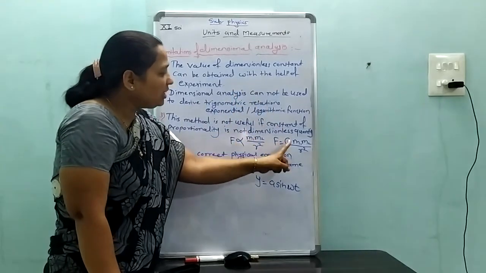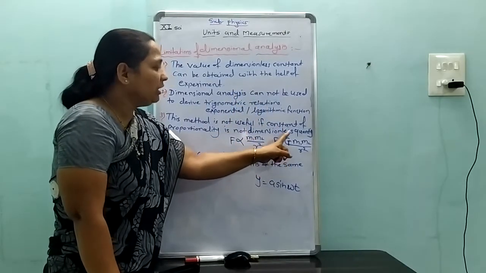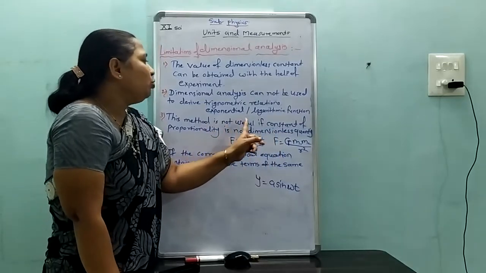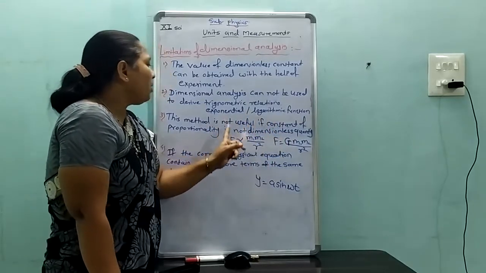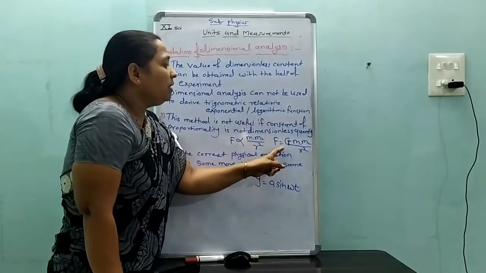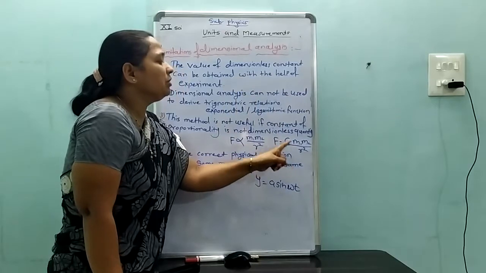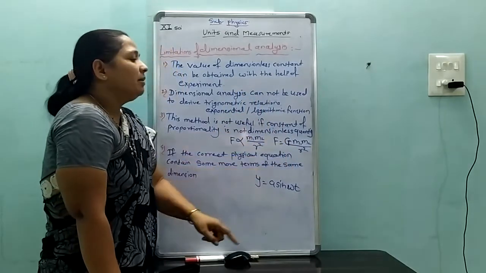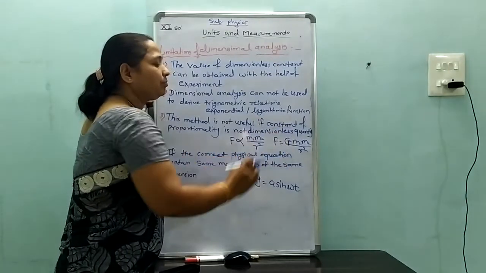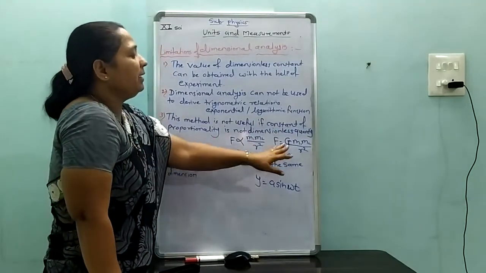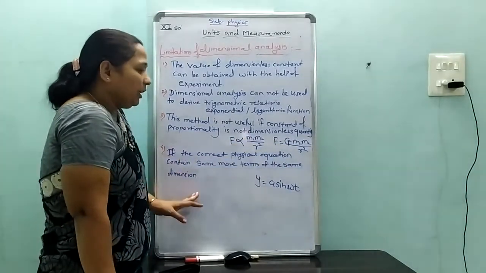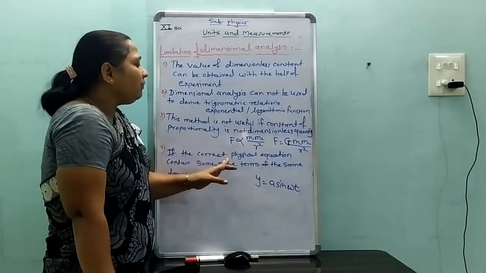But here G is not dimensionless; it has dimensions. So if the constant of proportionality is not dimensionless, this method is not useful, because such constants have dimensions.